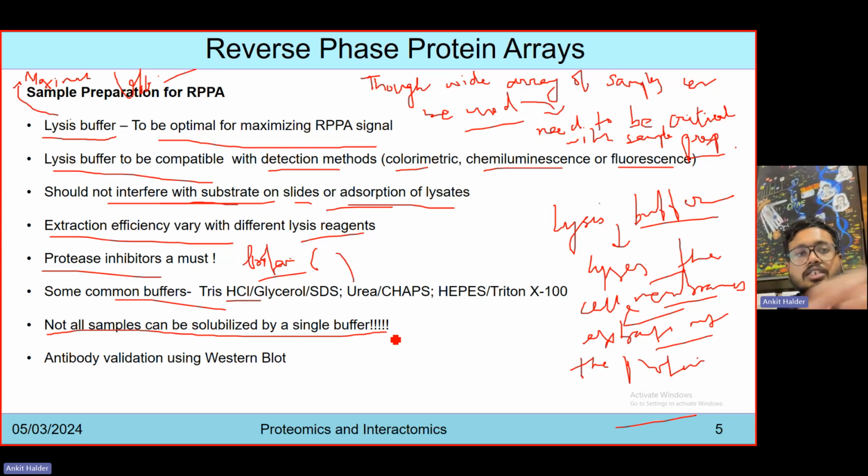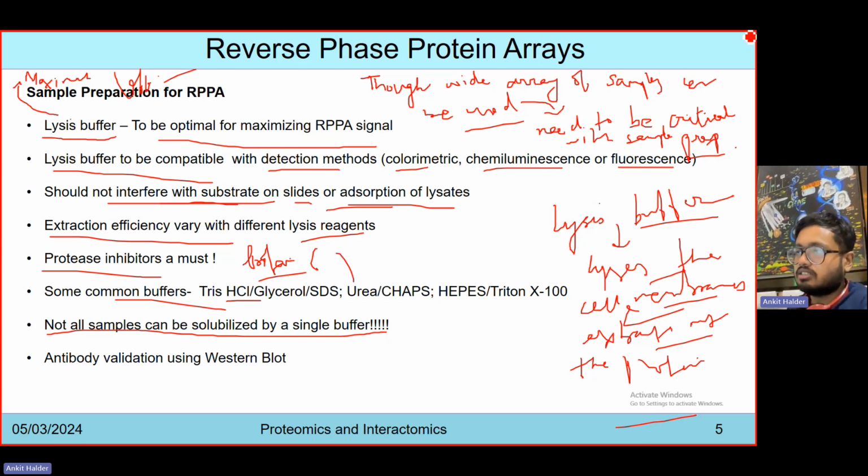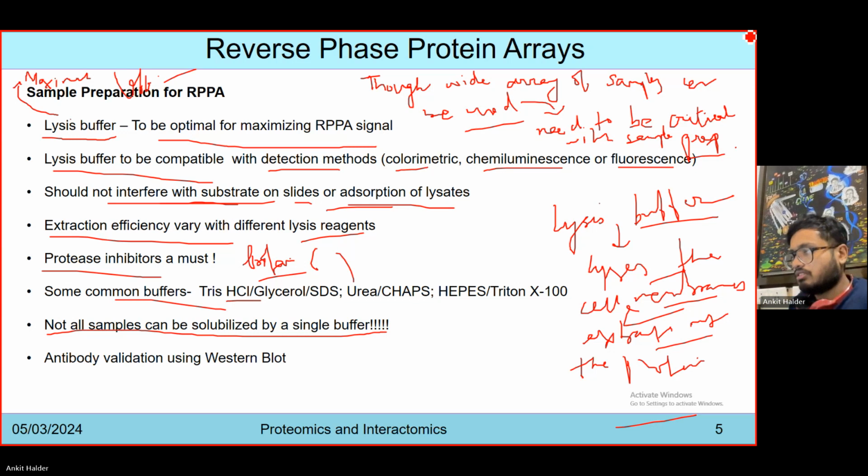And then we will see that it is compatible with our detection methods and is not interfering with the signals, whether colorimetric or chemiluminescence. Majorly, it is the fluorescence that is detected, so it should not interfere with that.